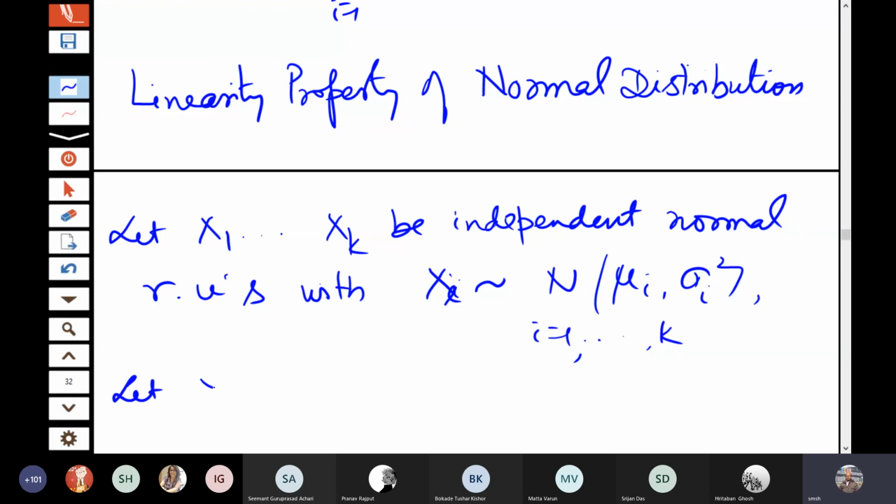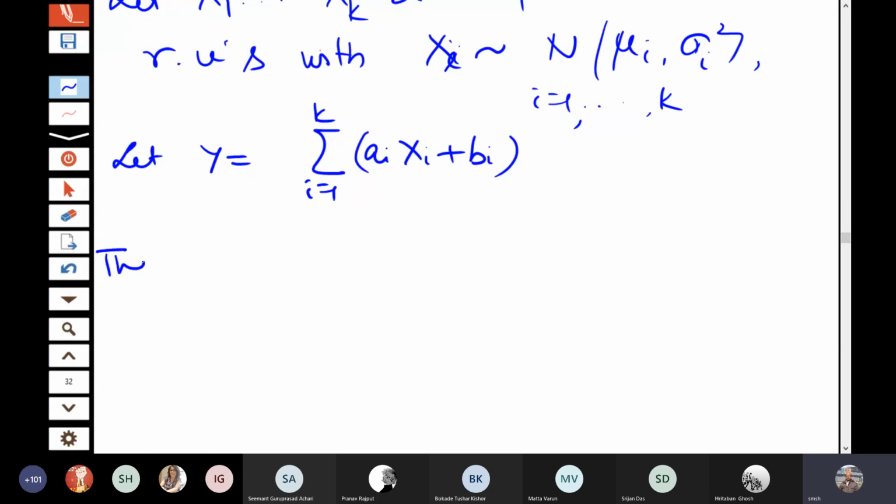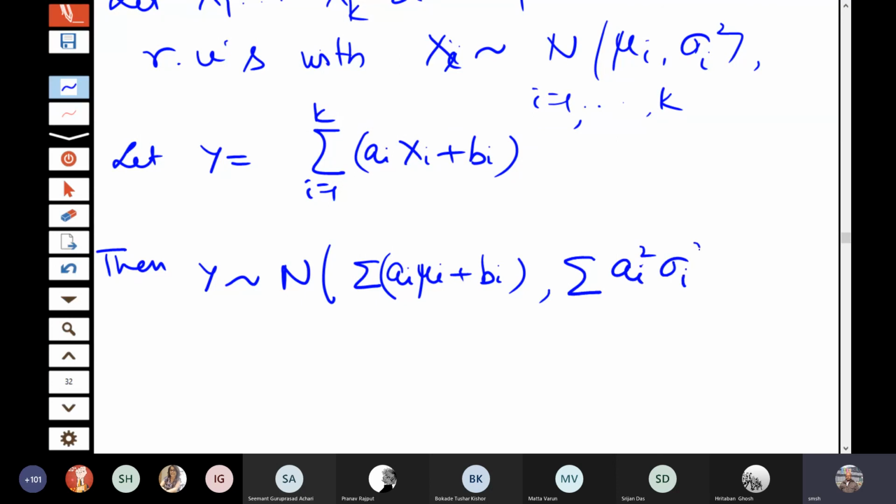Let us take Y equal to the sum of ai Xi plus bi, i equal to 1 to k. Then Y will follow normal with mean sum of ai mu_i plus bi, and variance sum of ai square sigma_i square.